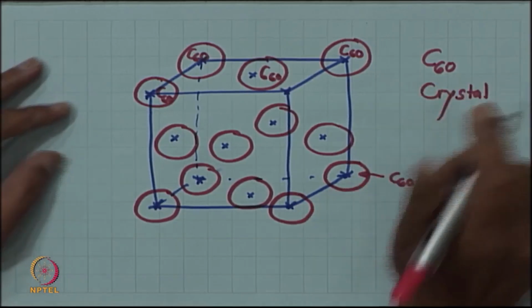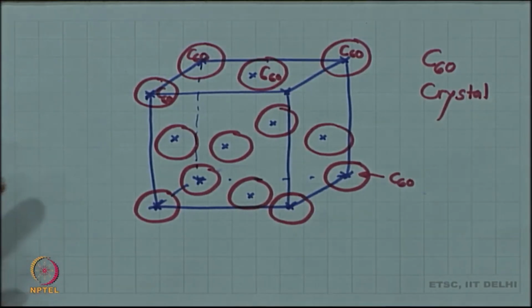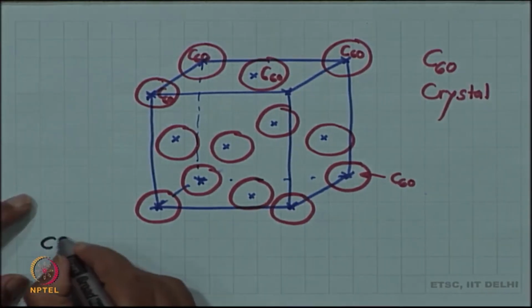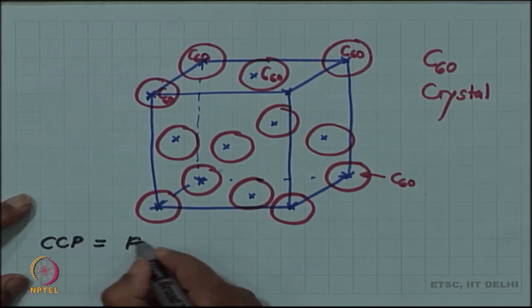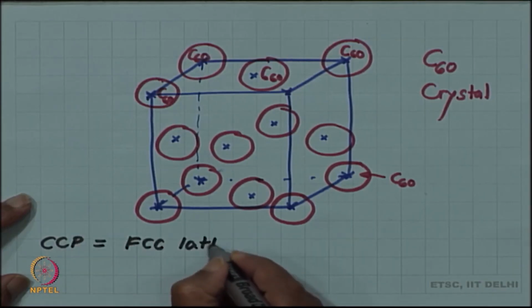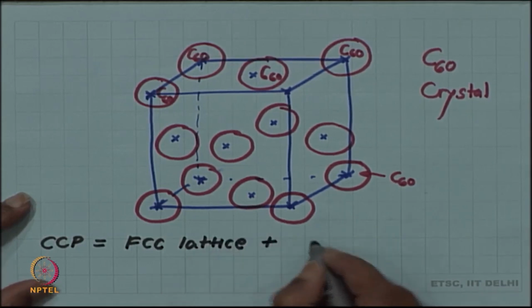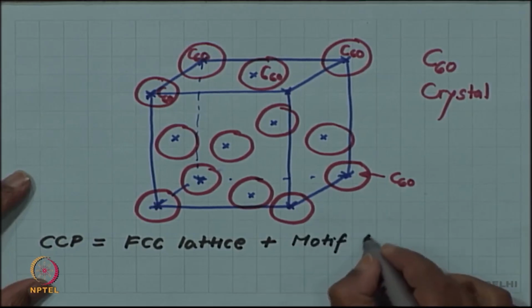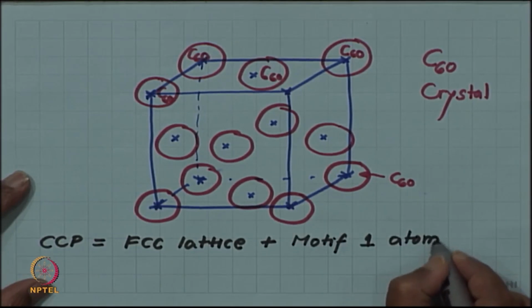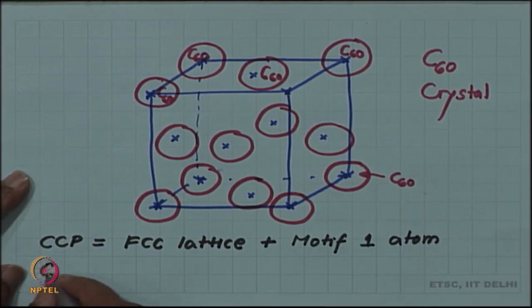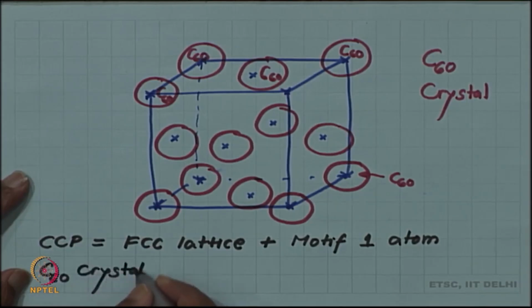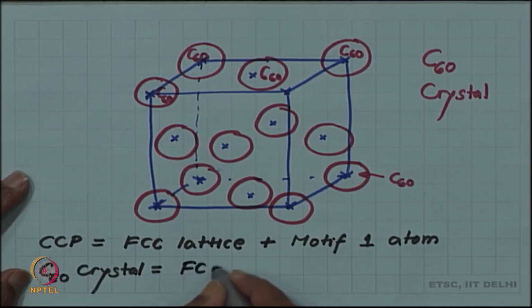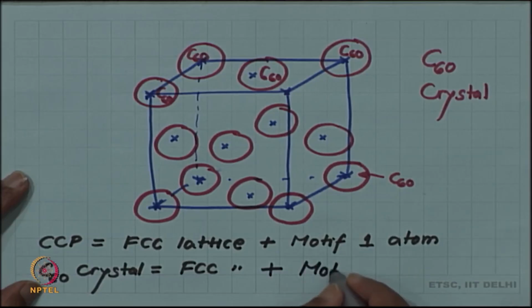CCP has a single atom motif. So, if I write that down for you, CCP also has an FCC lattice, but the motif is one atom at each lattice point. And in a C60 solid you have the same FCC lattice, but now the motif is of 60 atoms.